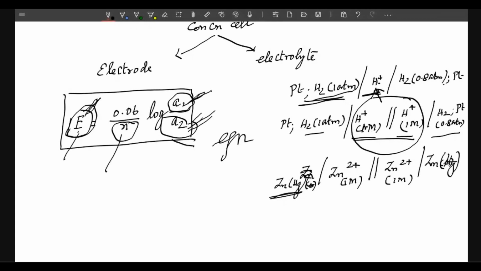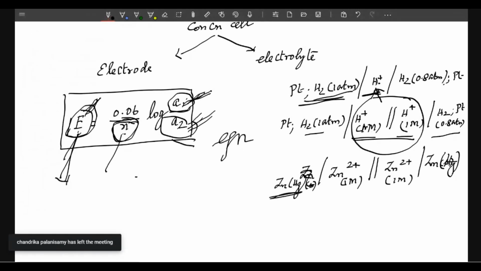Equation is given, E is given, A1 is given, you have to calculate n, then you are asked to calculate A2. Without giving any equation, they are giving the electrolyte concentrations, the EMF, and the two activities. Then it is possible to calculate the number of electrons involved in the reaction.